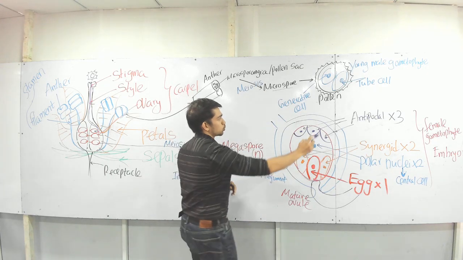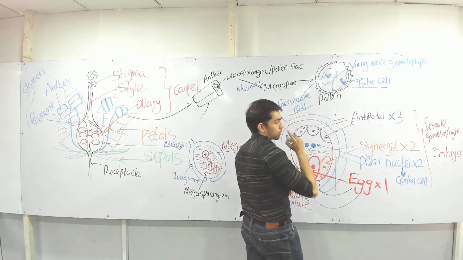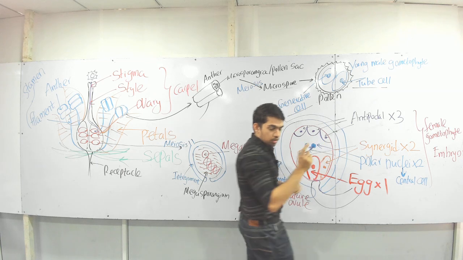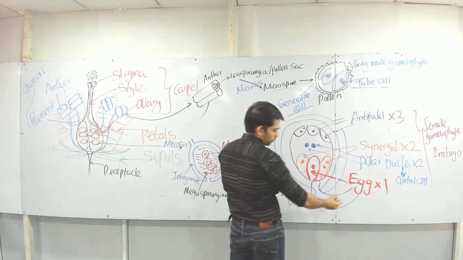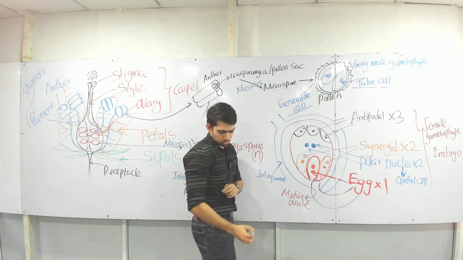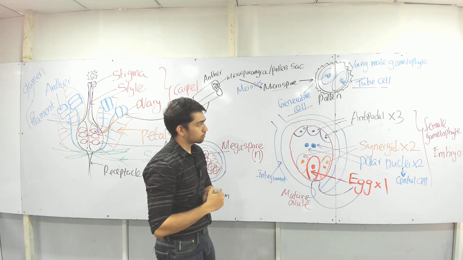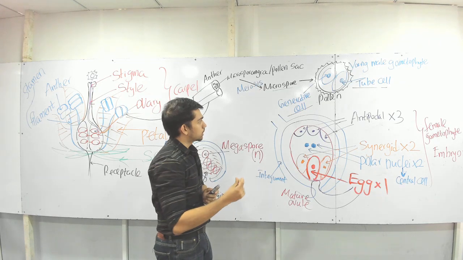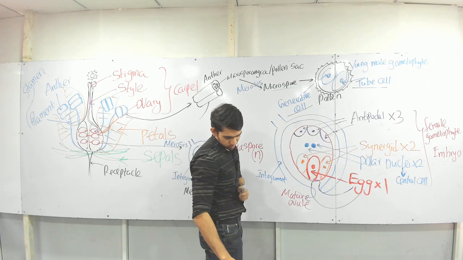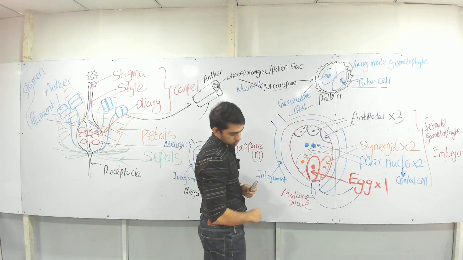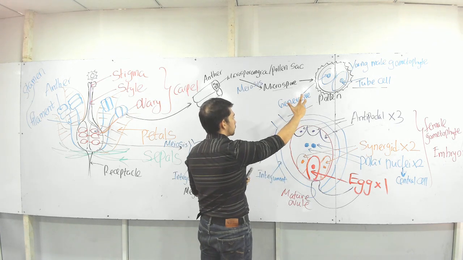We talked about two cells: tube cell, generative cell. This tube cell is the cell that is controlling the growth of this pollen tube. This generative cell is going to divide, actually, a sort of mitotic division, but in the haploid form.